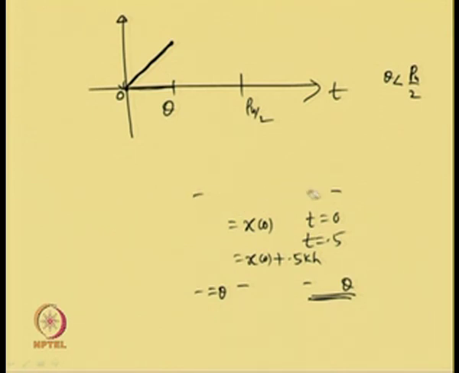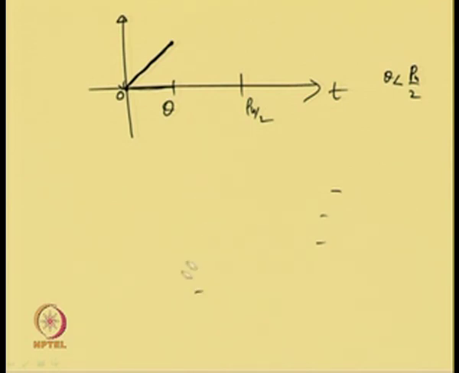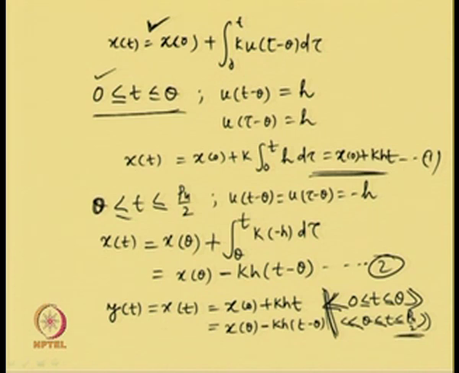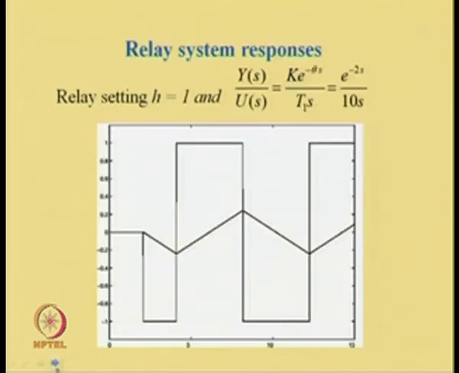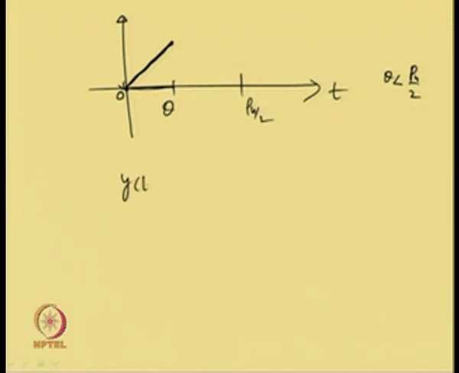Now, what happens to the plot when time is greater than theta? For that we have already developed an expression: y(t) = x(theta) − k h (t − theta) when t is greater than theta.